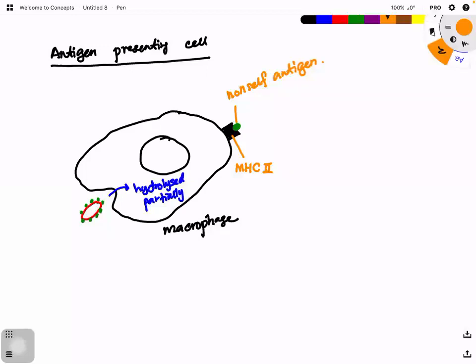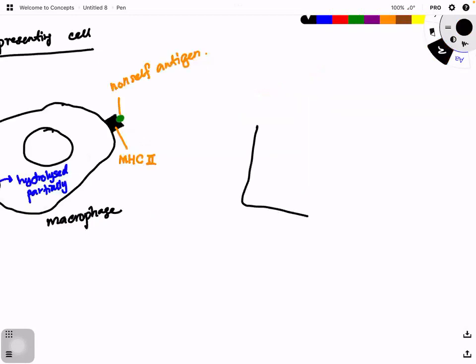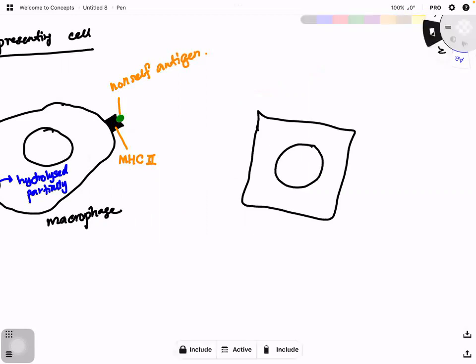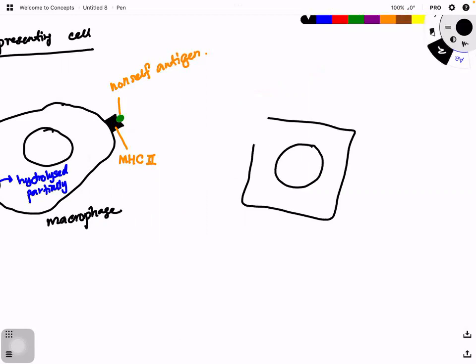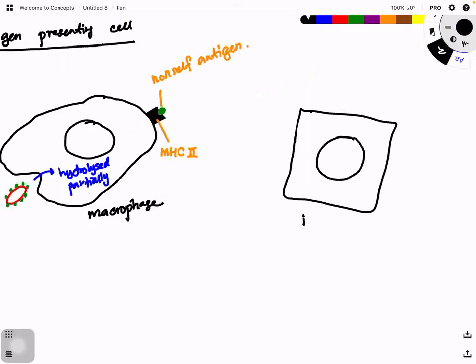Now we do have infected cells, for example nucleated cells that are already infected. How does this infected cell alert the lymphocyte that it's currently under attack? So this is the macrophage, and this is an infected cell.